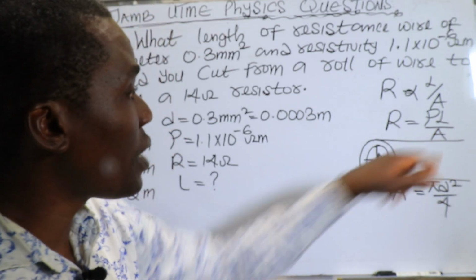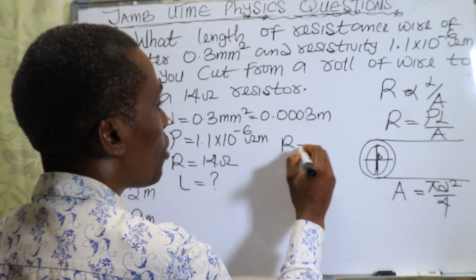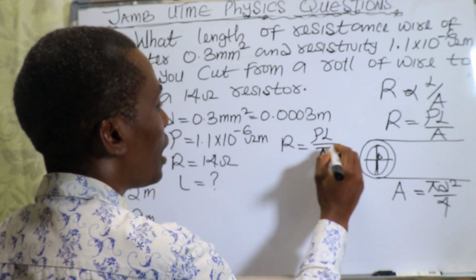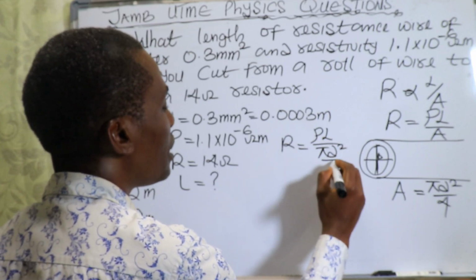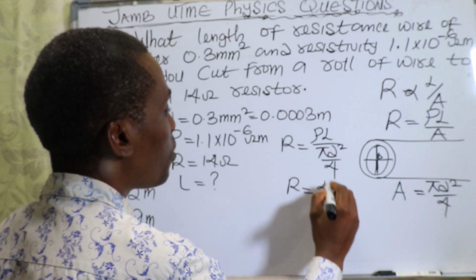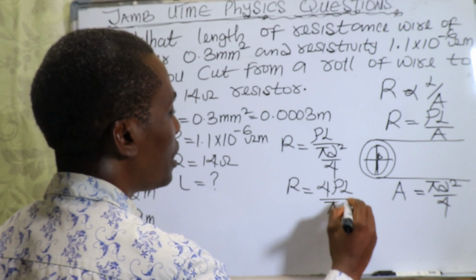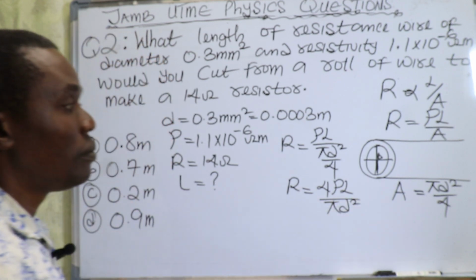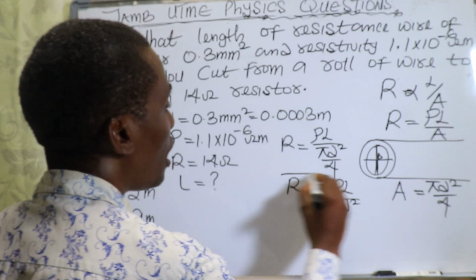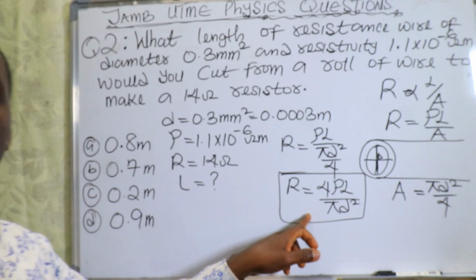So if you apply them here, you go see say that one will give us our R to be equal to rho L divided by pi d square divided by 4. So our R now go be equal to 4 rho L divided by pi d square. So that means this na the formula we go use solve this question.